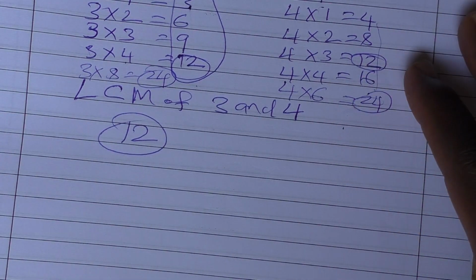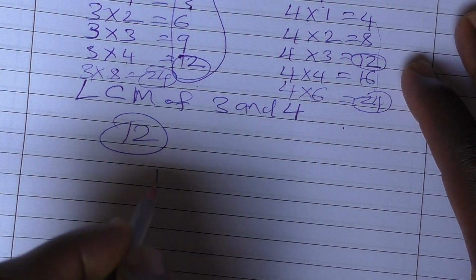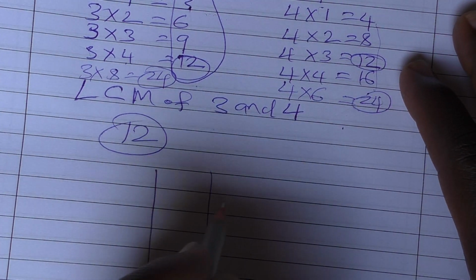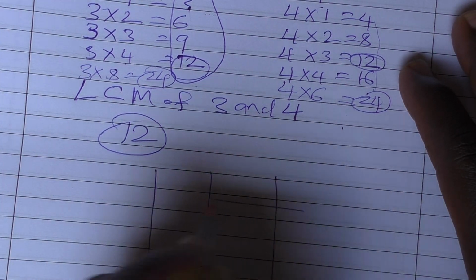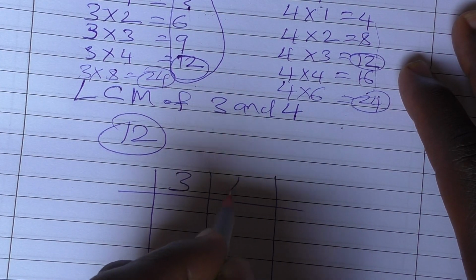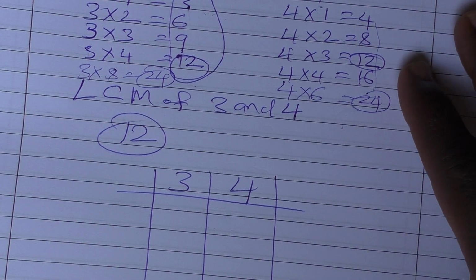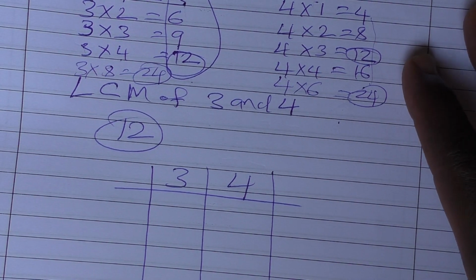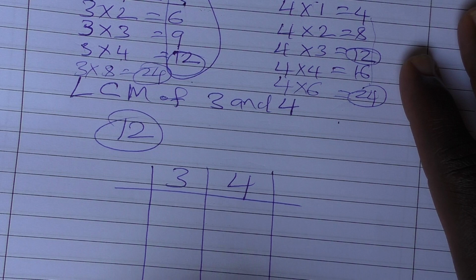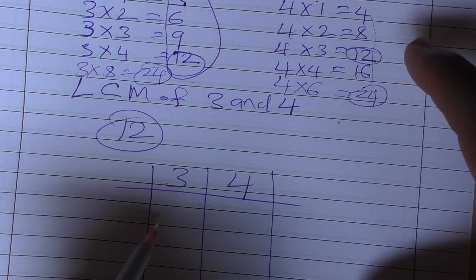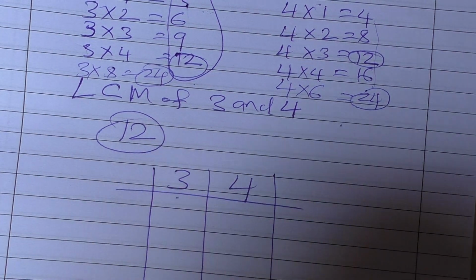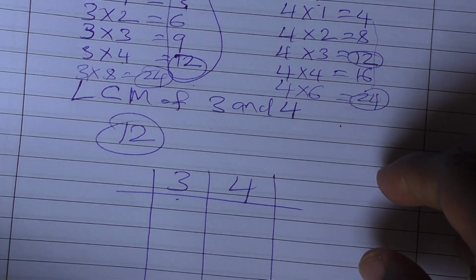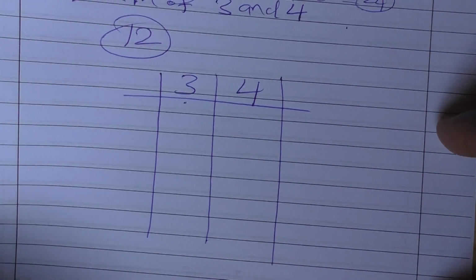Or we can also use the ladder method, whereby we bring our numbers and decompose them to 1. That is to say, we shall divide these numbers until they are all exhausted.